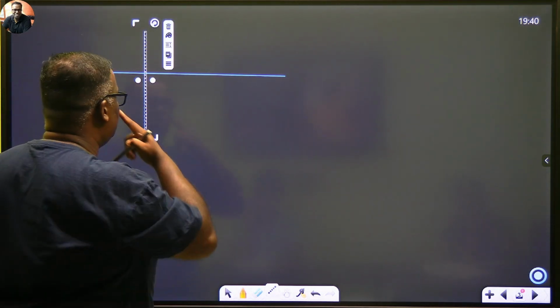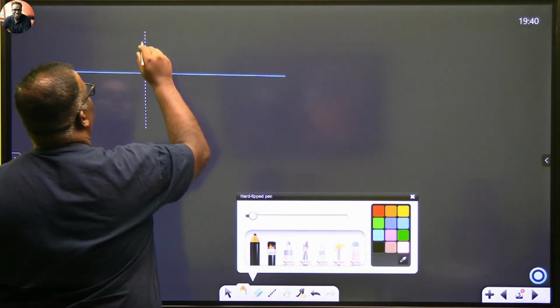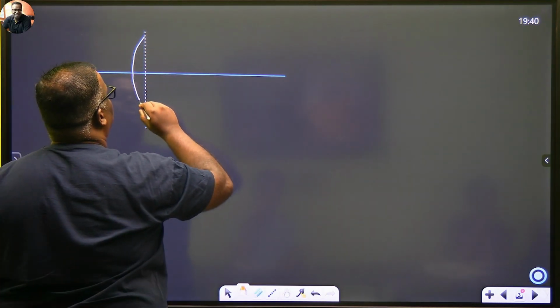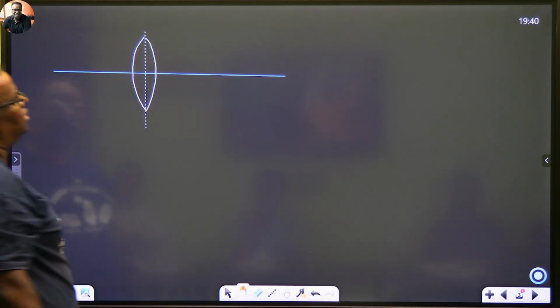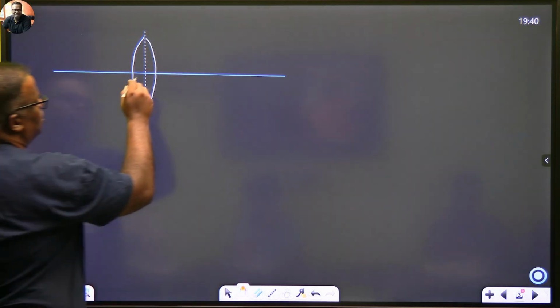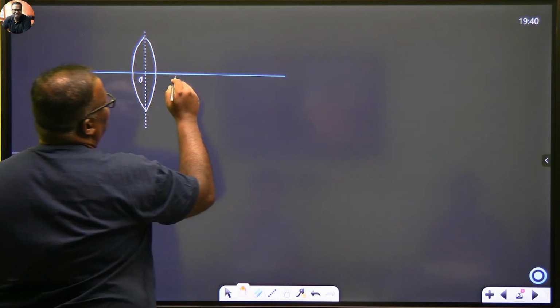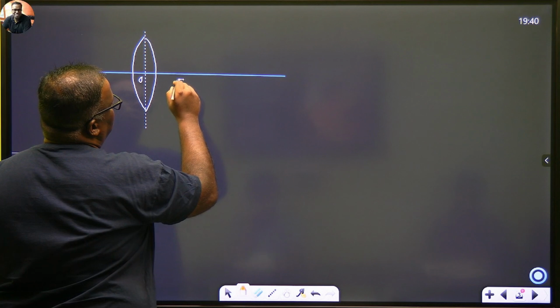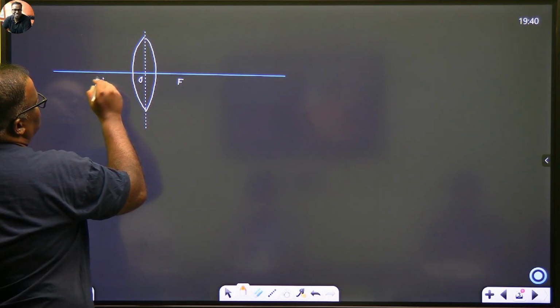Your book is not drawing the lens, but I am habituated to draw the lens. So let me draw my lens also. This is my convex lens. Right. And this is my optical center. I am supposed to have a focus on this side, which is my primary focus. And I'm supposed to have a focus on this side also, which is my secondary focus.